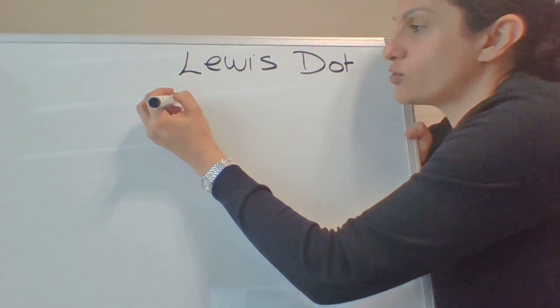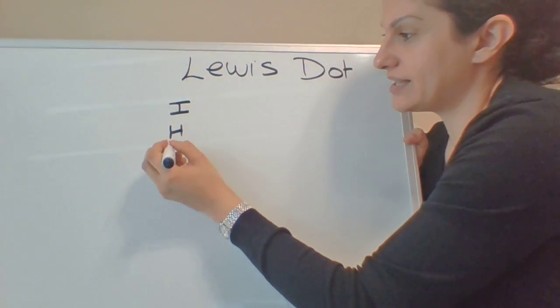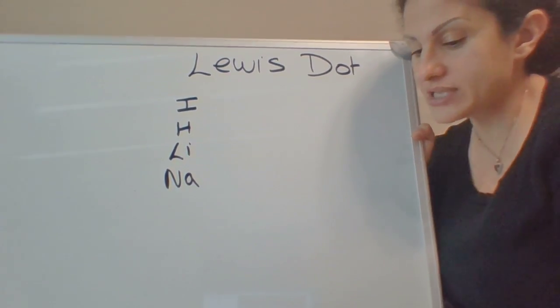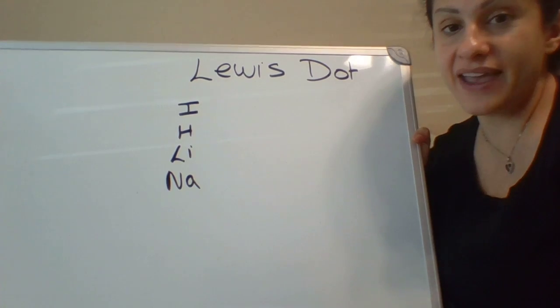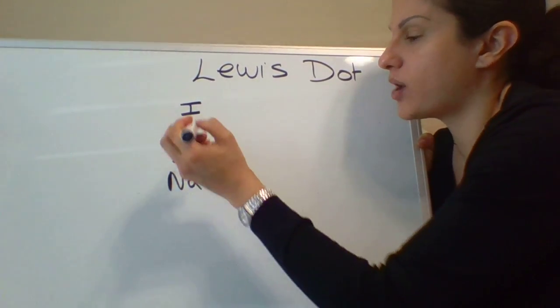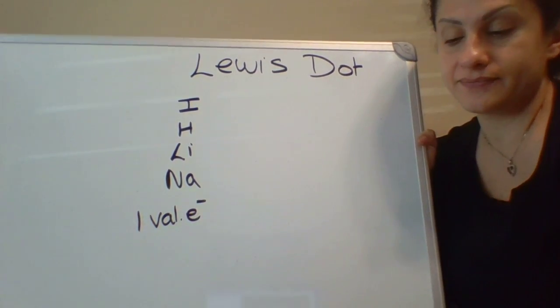So if you look at group 1, which has hydrogen, lithium, sodium, all of those have 1 valence electron. So all elements in group 1 have 1 valence electron.